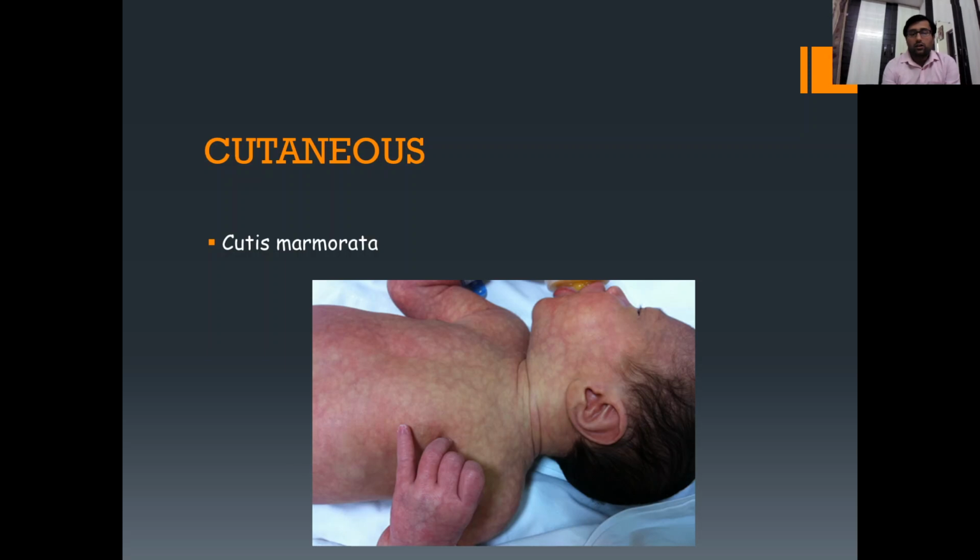Okay. Cutaneous, this is cutis marmorata, which can be seen in the newborn period. It is also due to hypothyroidism, hypothermia, and also seen in a child with shock. So these features are seen with Down syndrome.